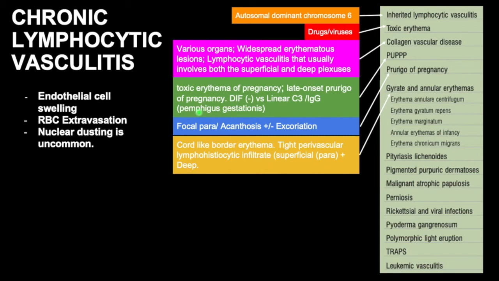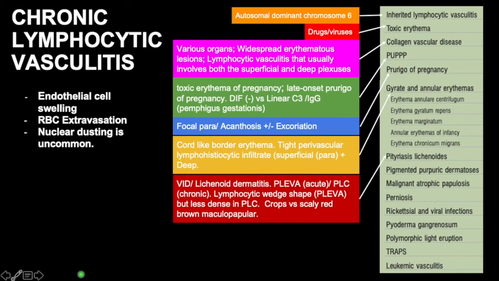Usually they look clinically like erythema with a cord-like border, and if you don't remember those lesions, go back to my lecture on spongiosis, where I talk in more detail about them. Usually there is a tight perivascular lymphohistiocytic infiltrate, superficial and deep.